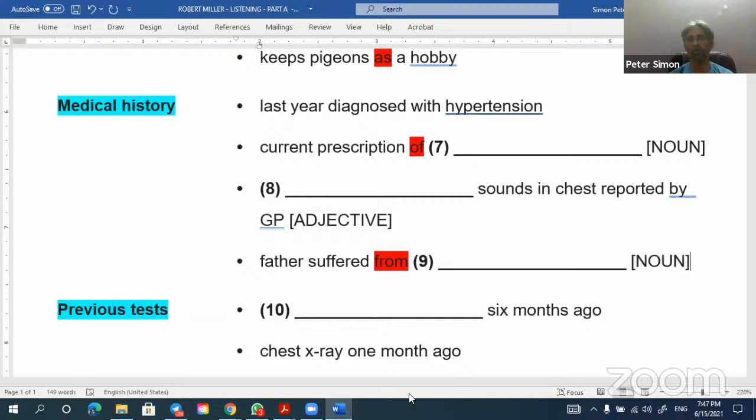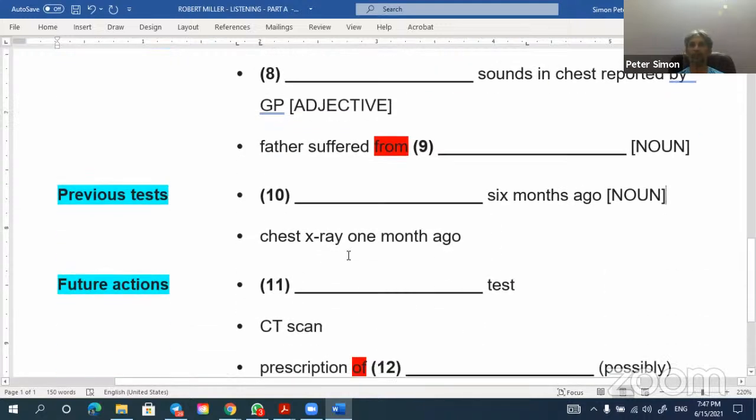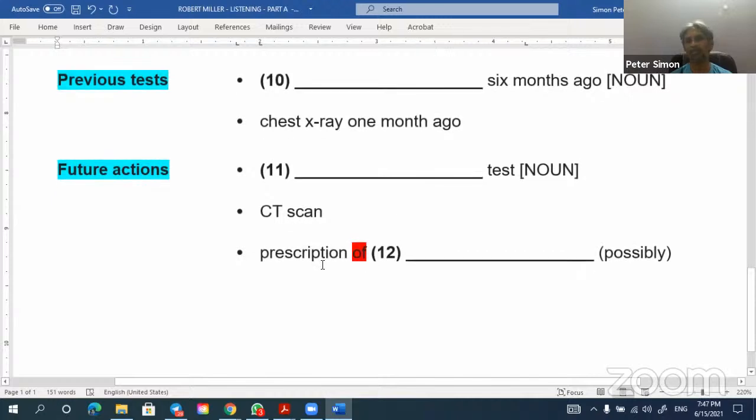So now dash previous tests, dash name of the test. So it will be definitely noun only. Name of the test. Previous test name. What is the name of the test? Okay. Like dash test. Here also it is noun. Then prescription of dash.